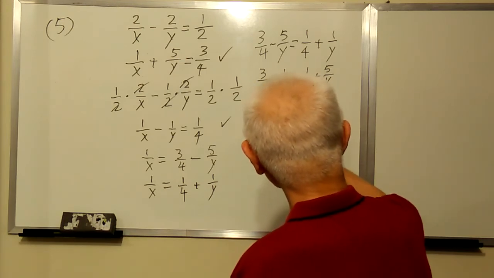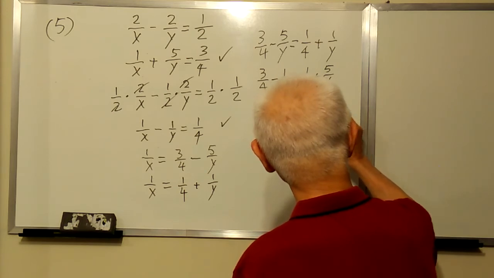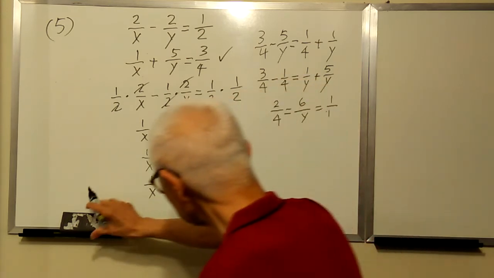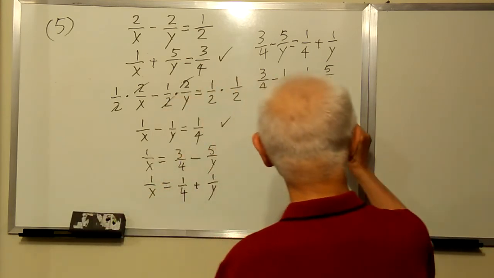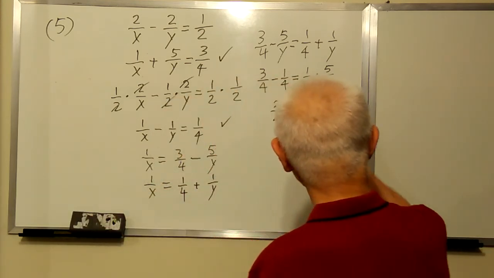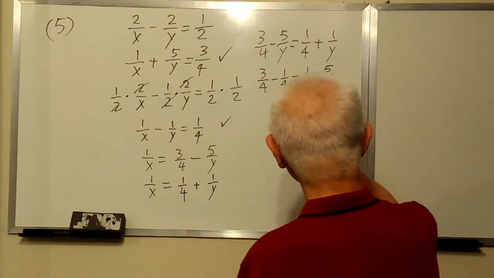But 2 over 4 is 1 over 2. So this is 1 over 2 equals 6 over y. What is y? Cross multiply. y is equal to 12.